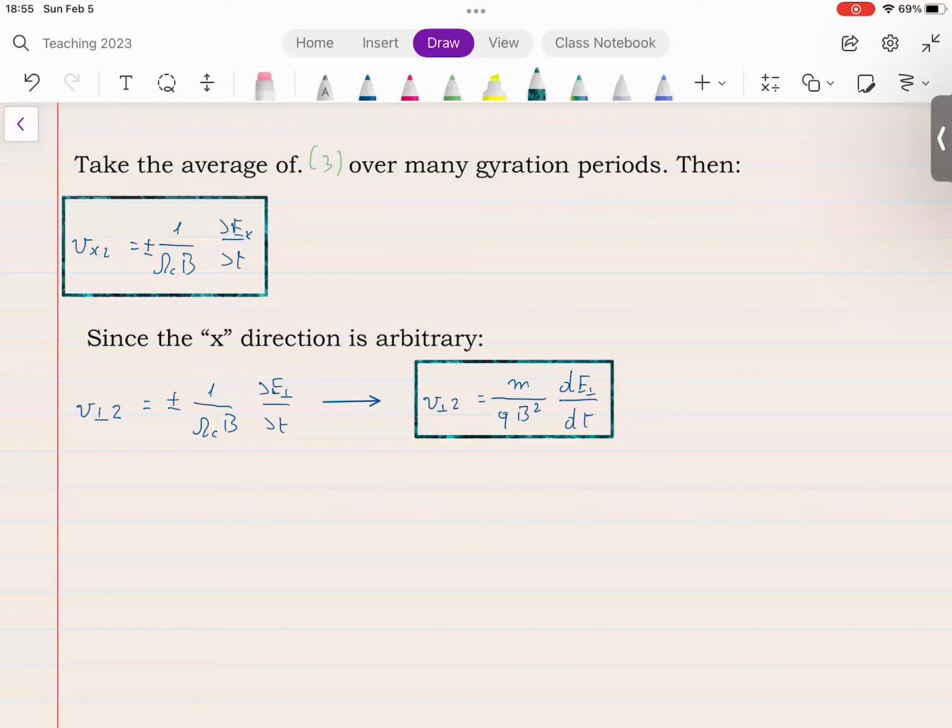Okay, that was a bit of work. There are a few things to note here now that we finally got this result.